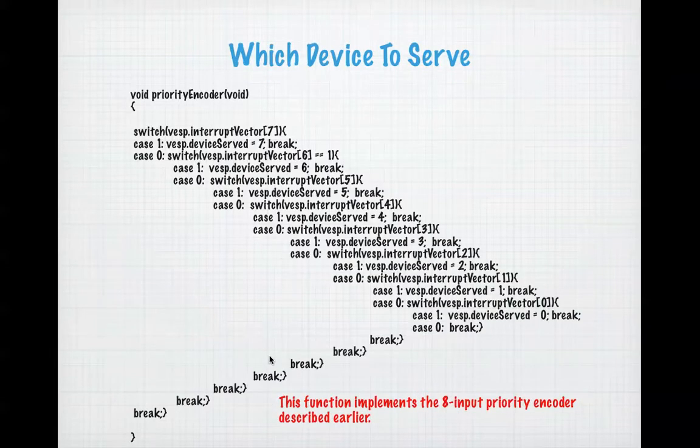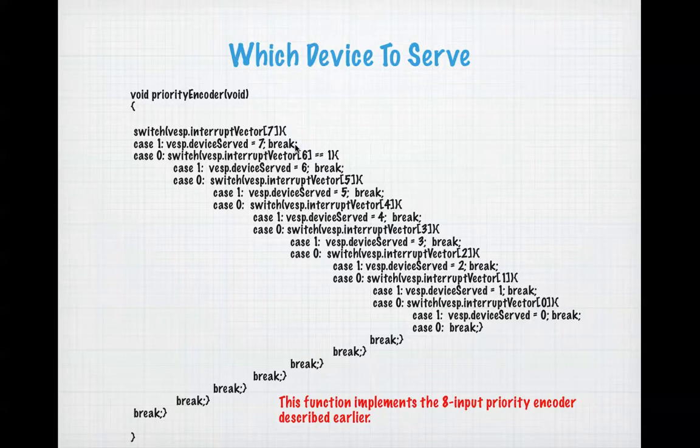And of course, this is the C or C++ version of that priority encoder that I explained to you earlier. As you can see, the highest priority is given to the interrupt device, or device number 7, and if that device happens to have a request made, then all we have to do is say the device that's made the request is equal to 7 and break.